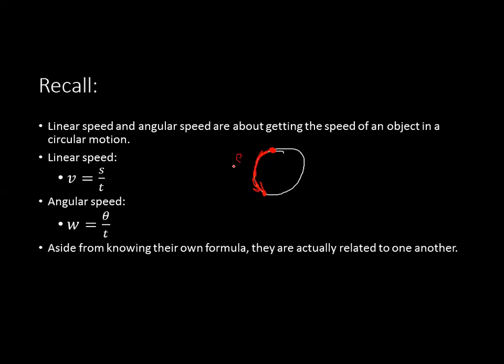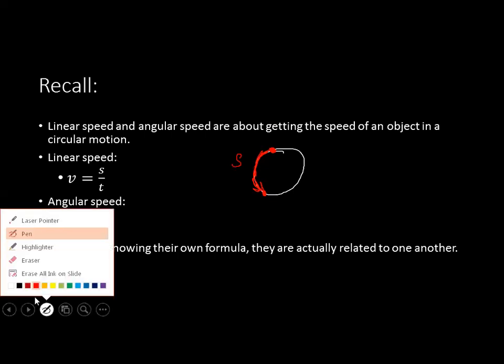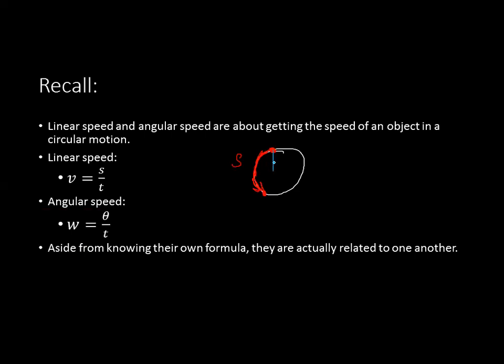This is basically S. Now it also involves an angle. Let's say we have this radius and another radius here, so it forms an angle. On the red part, it's about how fast the object reaches the final position from the initial one in terms of distance. How about in terms of angular distance? How fast does this angle form starting from here up to here? So in graphical representation, they are related.